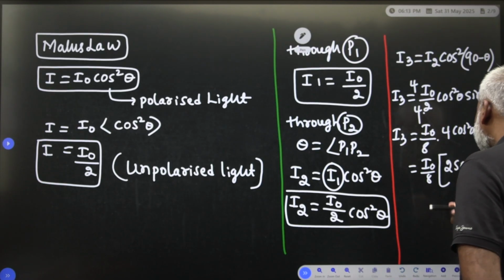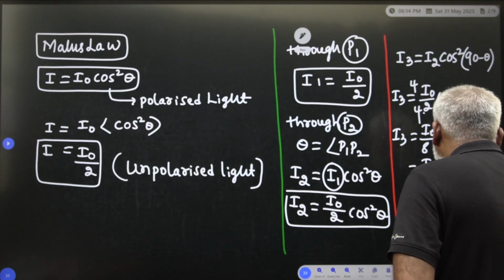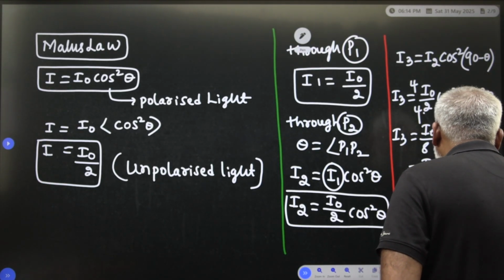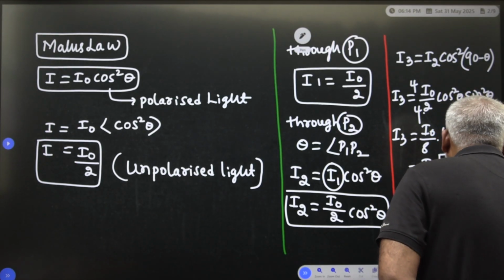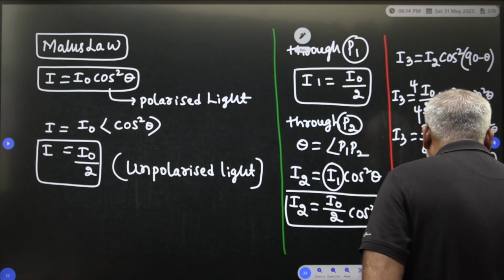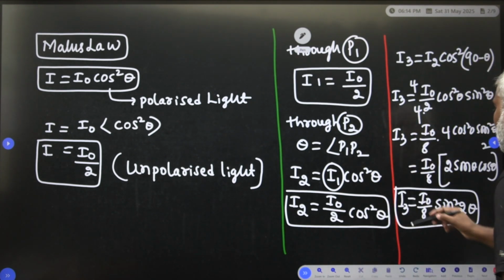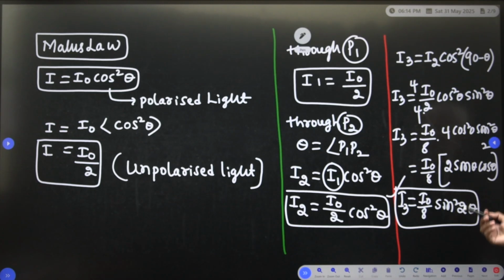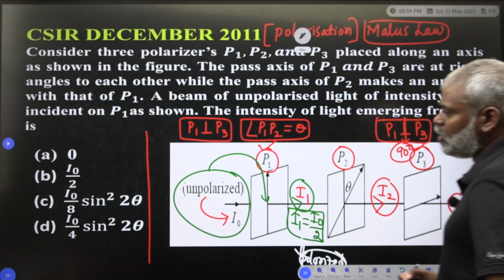So I naught by 8 into 2 sin theta cos theta whole square is equal to sin square 2 theta. So this is I3. The intensity of the emerging light from polarizer 3 is equal to I naught by 8 into sin square 2 theta. You are able to get it.